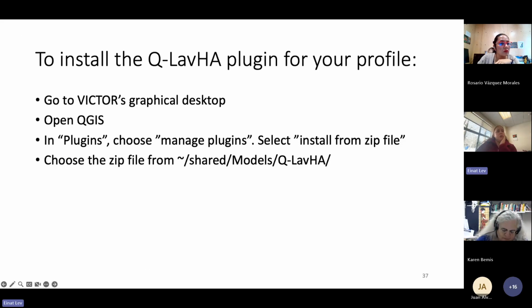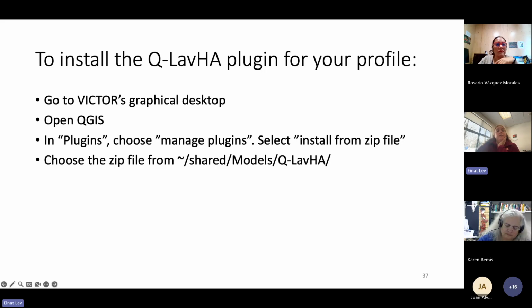Here are instructions. We're not going to do it right now, but these are the instructions of how to install QLava for your Victor profile. You would open the Victor graphical desktop through the launcher, that letter D, and open QGIS. In there, under plugins, choose manage plugins, install from zip file.